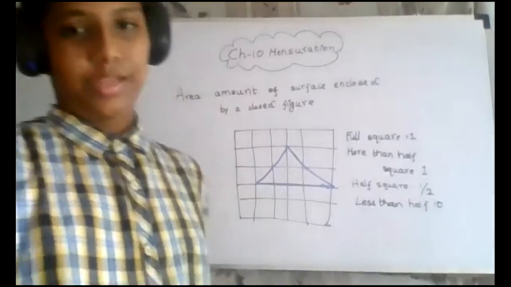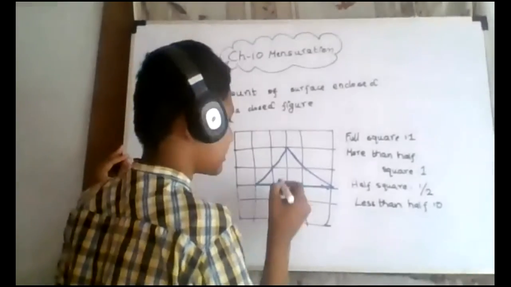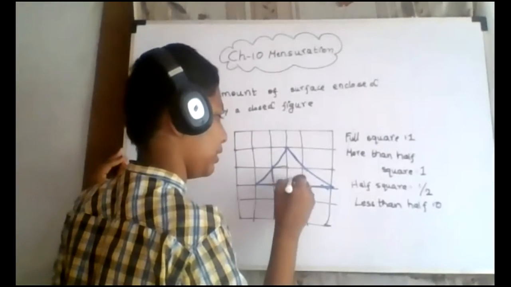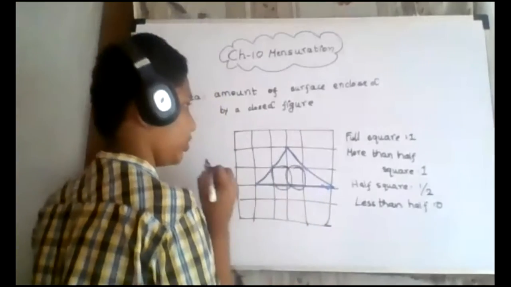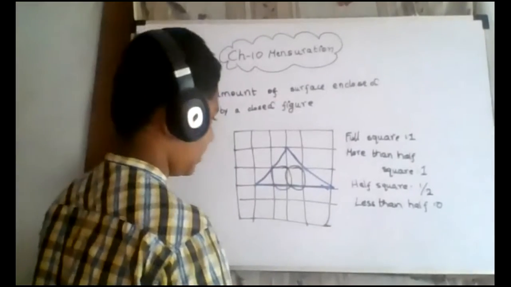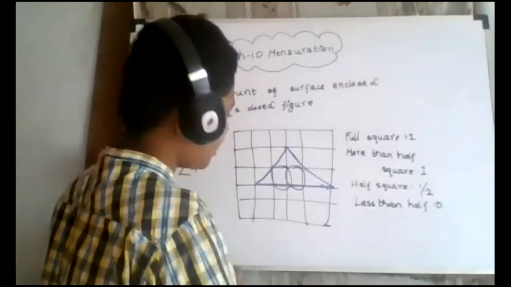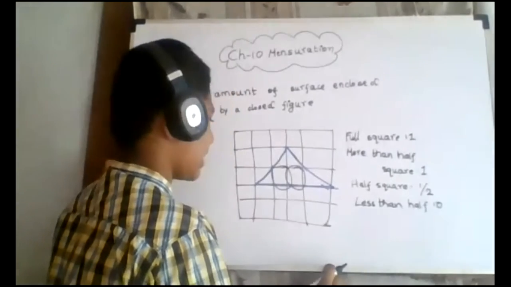Now see, the full squares are 1, 2. So the full squares are 2, and the area will be 2. Plus, next, more than half squares. We do not have any more than half squares in this one.